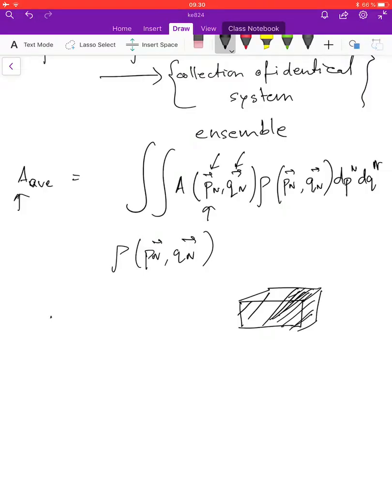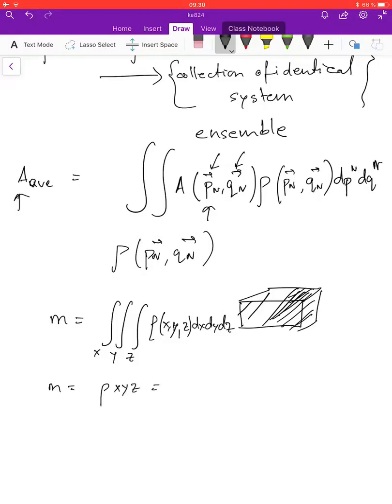If you were asked to calculate the mass of this, you would integrate over x, y, and z, and the density then depends on the position. In the case the density is constant, this density comes out, and then the mass becomes the constant density multiplied by x, y, and z. This is equal to rho multiplied by volume. This we know very well.